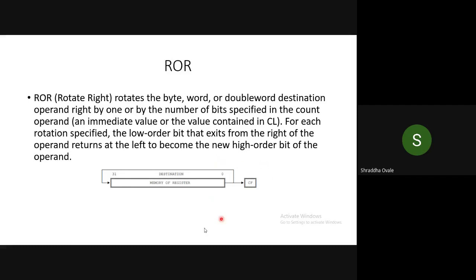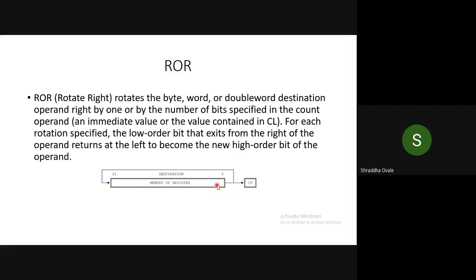ROR, what will it do? You have to rotate to the right. Whatever your byte, word or double word destination operand is, it will rotate right by 1. Now, see, this is your right side. The lower order bit is rotated and shifted to your higher order.